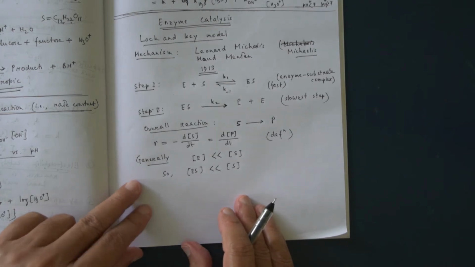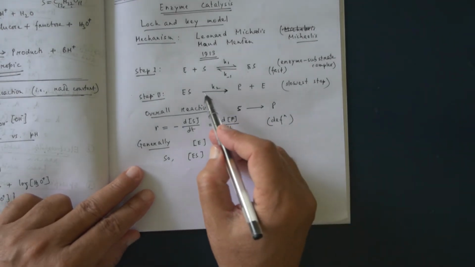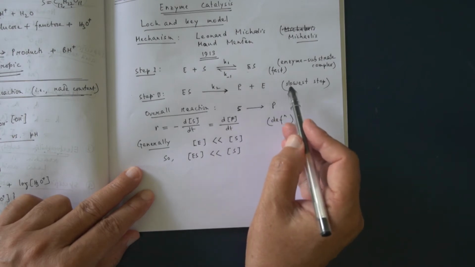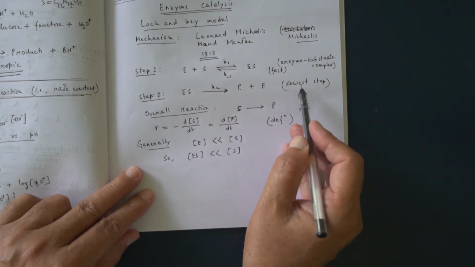Now here, the second step is the slowest step, and this is the rate determining step.